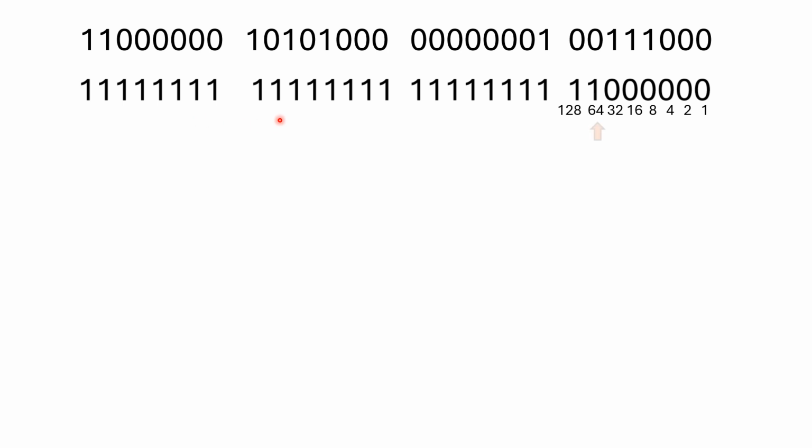While comparing, if any of these bits is 0, then the result is going to be 0. Only if both the bits are 1, in the IPv4 address and the subnet mask, then the result will be 1.